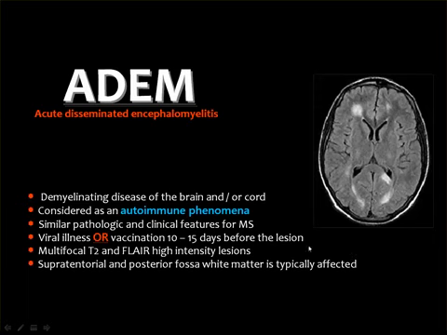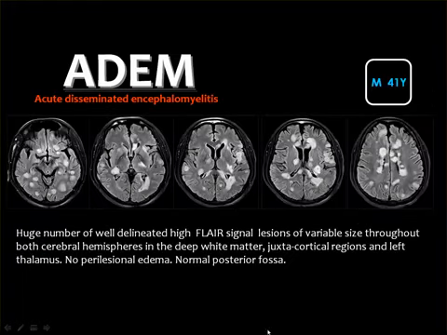One of the differentiating points is the presence of viral illness or recent vaccination within 2 weeks of the disease onset. You got multiple periventricular high signal foci in T2 and in the FLAIR images. These lesions will not show diffusion restriction, and they will not show enhancement in many cases.